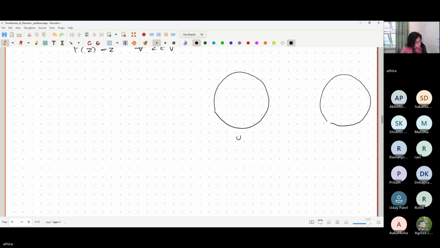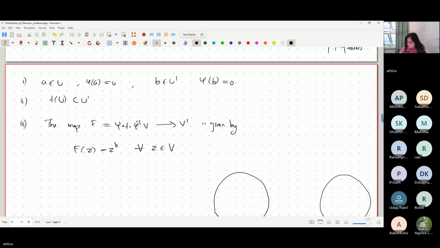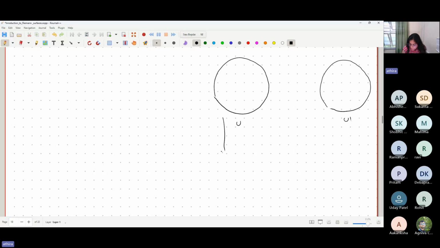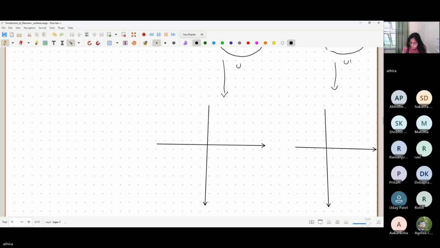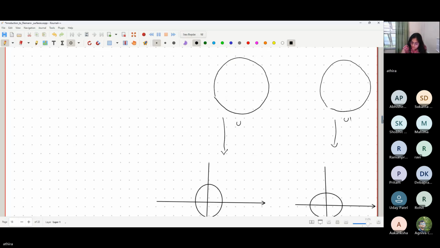This is U and U prime. U prime, this is mapping to... this is our A and this is our B. That is F, phi, and psi.